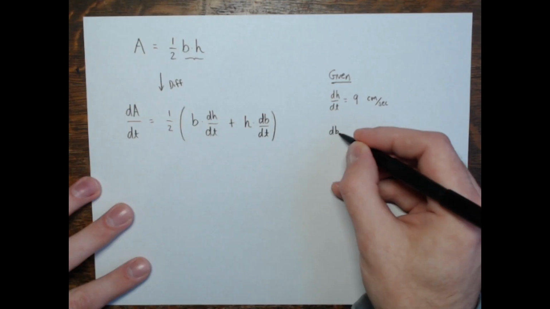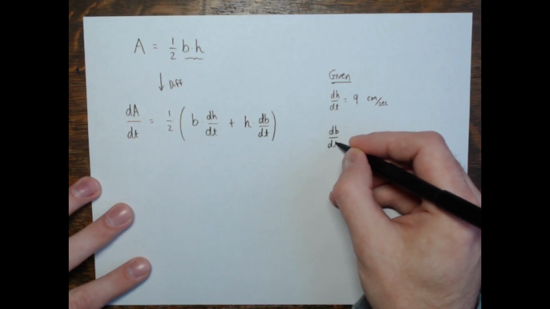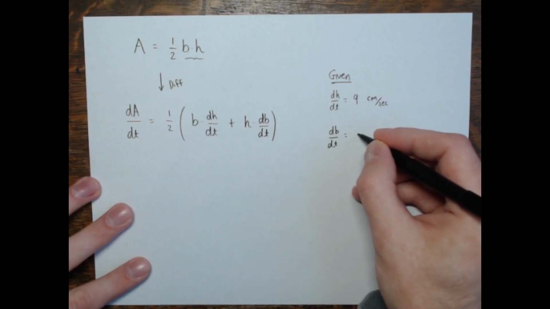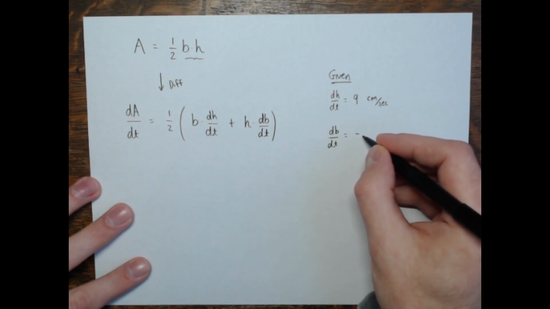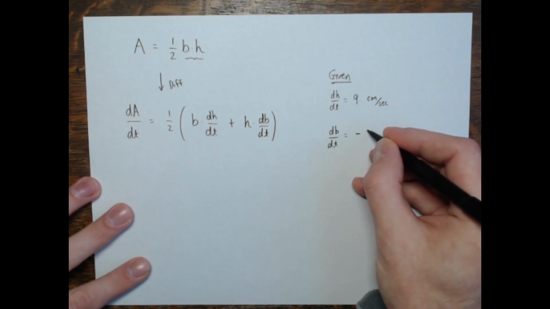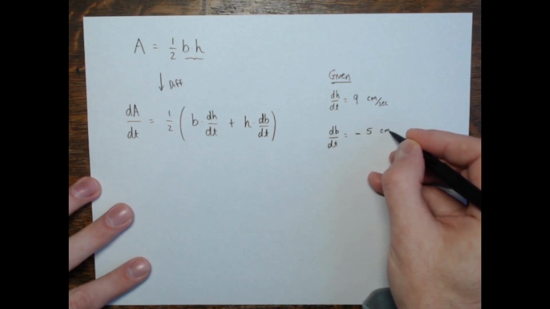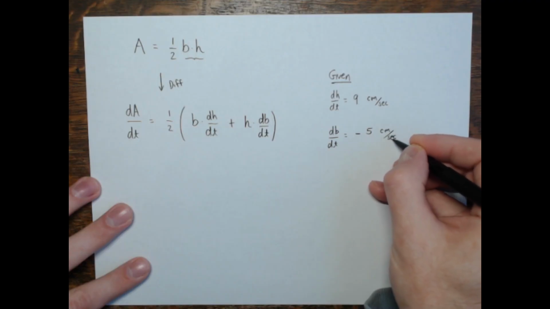They told us the base was shrinking, right? So db/dt, let's say, is negative, right? And when quantities are shrinking or decreasing, it's a negative rate of change. So negative 5 centimeters per second.